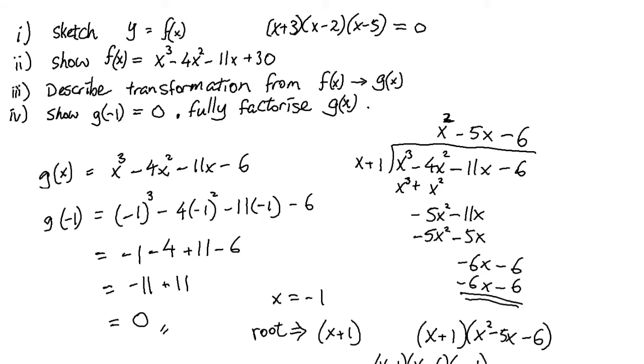Note that these two factors are identical, and therefore you can just write x plus 1 all squared times x minus 6, and that is the solution.